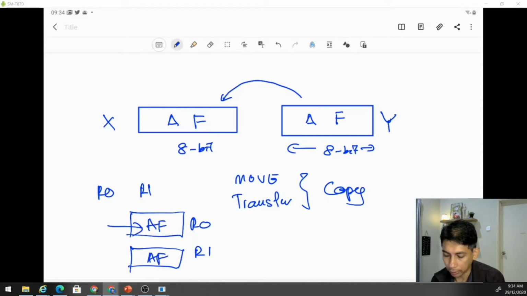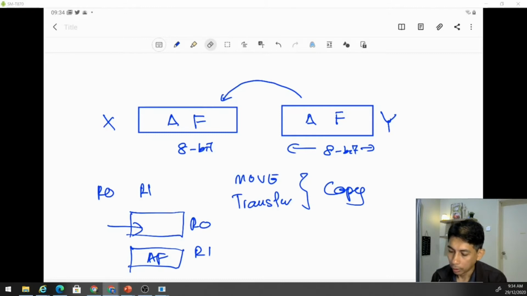The data inside R0 is still AF. We do not clear the data there, because in a digital system, if you wanted to do that you would need to do two jobs, and that is not necessary. When you want to clear, you can clear later on, or if you put in new data, it will replace the data just like that.